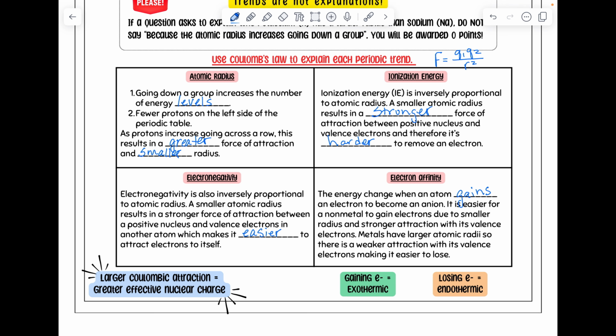Metals tend to have larger atomic radii, so there is a weaker attraction with its valence electrons, making it easier to lose those electrons. The larger the Coulombic attraction, so the force of the attraction, the greater the effective nuclear charge. The effective nuclear charge means the pull that an electron feels towards that nucleus.